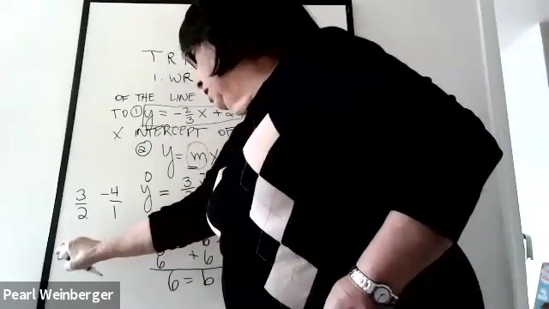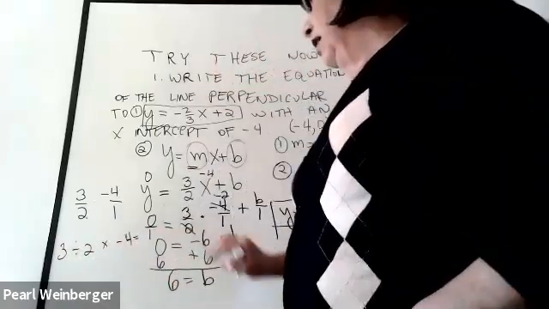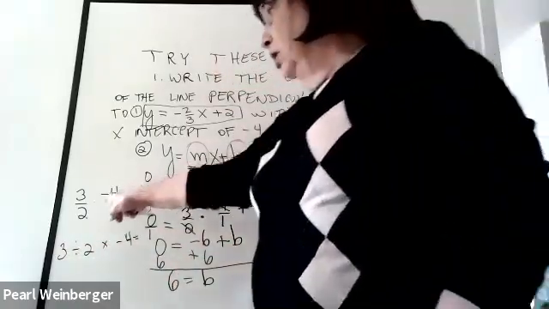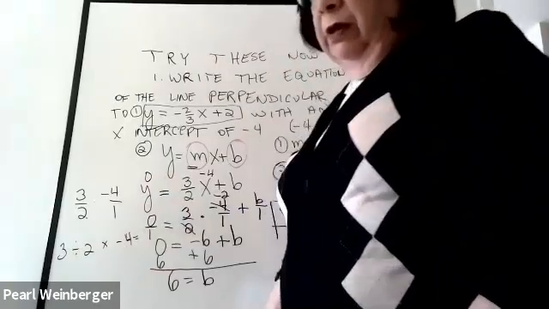Yeah. Try it on your calculator. What do you get when you multiply 3 divided by 2 times -4? You get the -6. I just wanted to know how you did it without the calculator. Did you cross multiply?